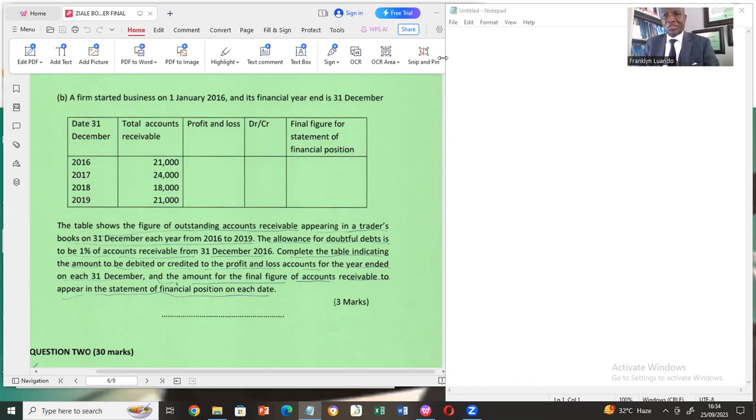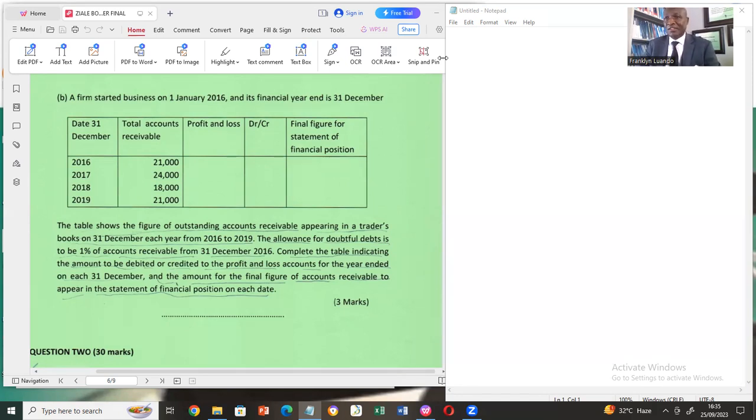The same concept states that all foreseeable losses should be provided for in the financial statements. So doubtful debts are foreseeable losses and they must be provided for.